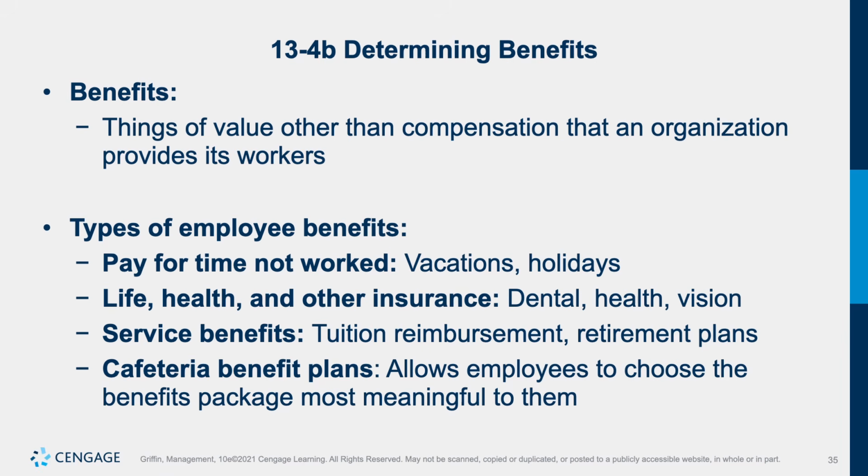So cafeteria benefit is when Francis Marion is not just offering one type of health insurance but having two in place, so employees have the option of choosing which one suits their needs more, right? So that would be about the cafeteria benefit plans. These are all types of employee benefits that exist within organizations, right?